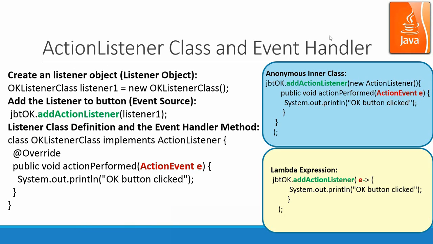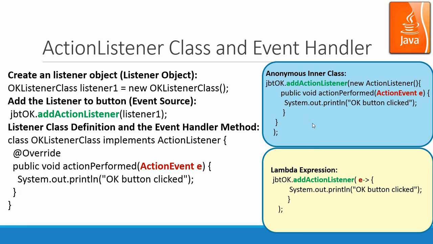But this can be simplified with the anonymous inner class. You can just put such an anonymous inner class for the action listener right here with the handler. Put it right here. It can represent the declaration of the listener 1 object and the class declaration just by using the anonymous inner class.